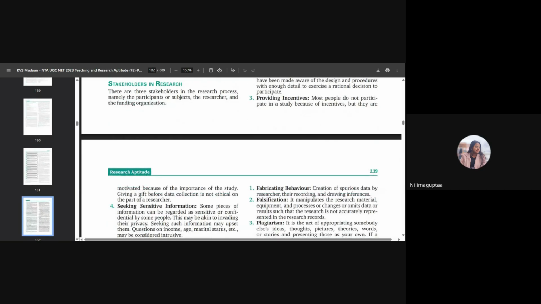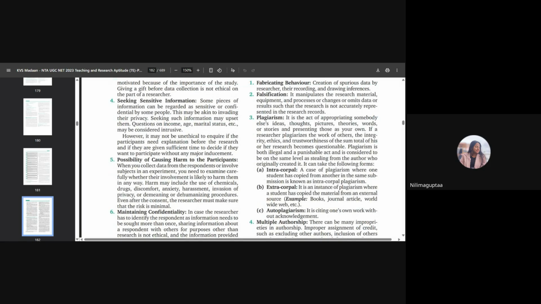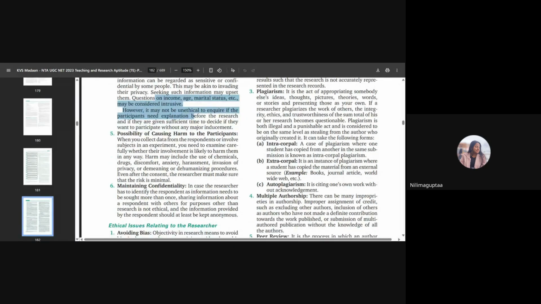Then providing incentives. Most people do not participate in a study because of incentives, but are sometimes motivated by its importance, and many times people purposely give incentives so that others participate. Then seeking sensitive information, that is, with regard to privacy, age, income, and marital status, which people will not be really okay to share.